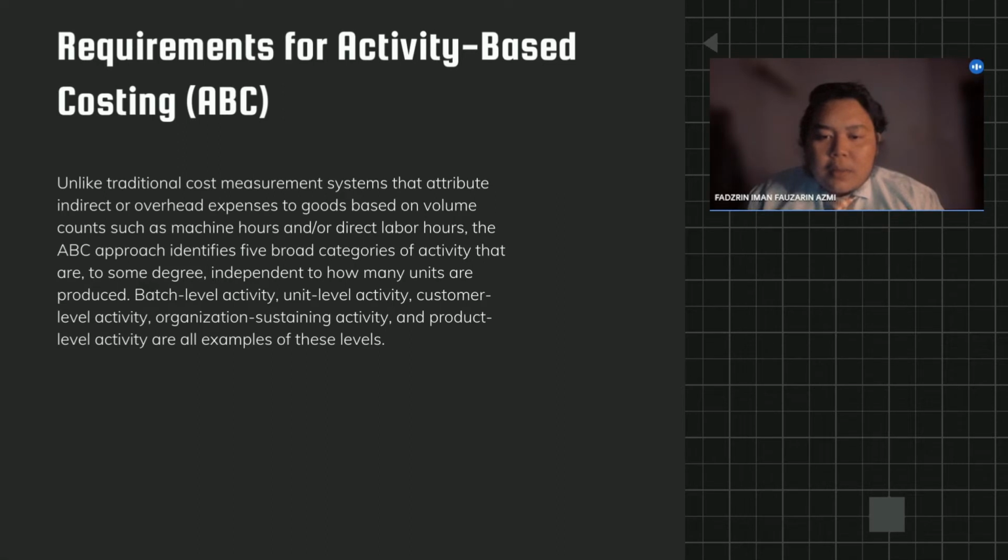Unlike traditional cost measurement systems that attribute indirect or overhead expenses to goods based on volume counts, such as machine hours and direct labor hours, the ABC approach identifies five broad categories of activities that are to some degree independent of how many units are produced: batch level activity, unit level activity, customer level activity, organization sustaining activity, and product level activity.